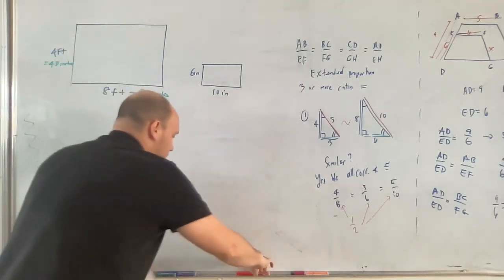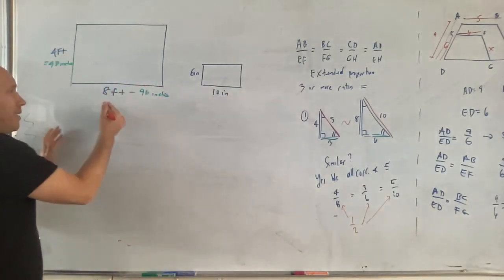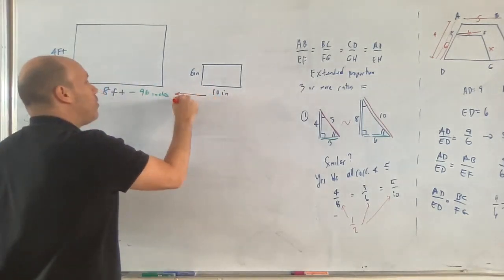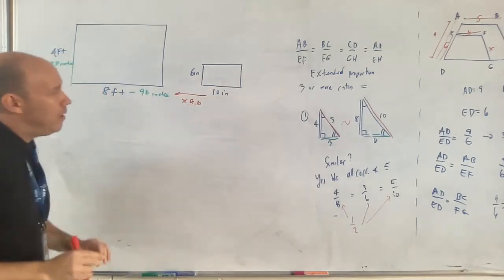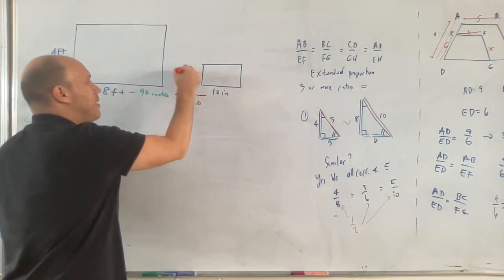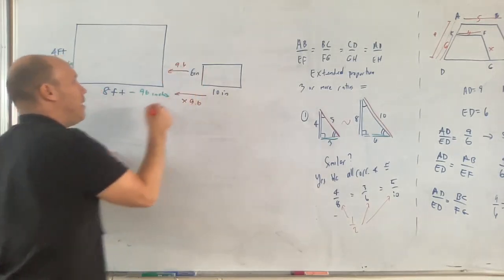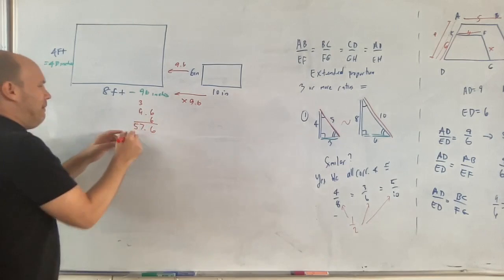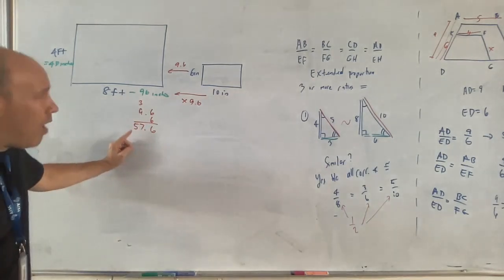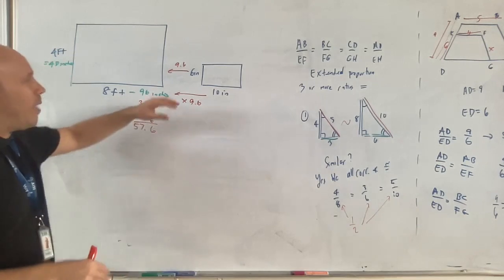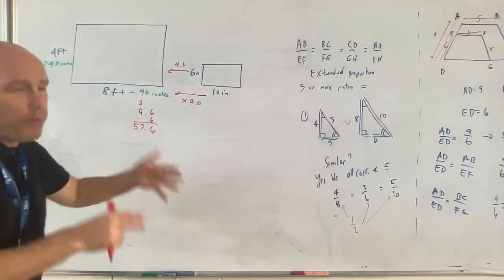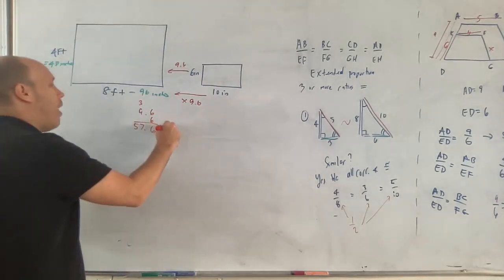To go from 10 inches to 96 inches, it's like multiplying by 9.6. Well, what happens when I multiply 6 by 9.6? That's 57.6. Am I able to do this? No. If I blow it up by a factor of 9.6, then the height is too large for the mural.